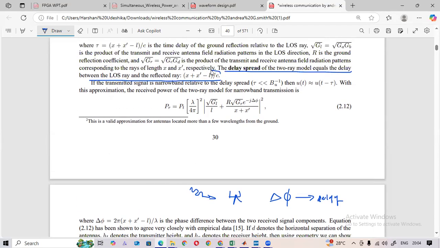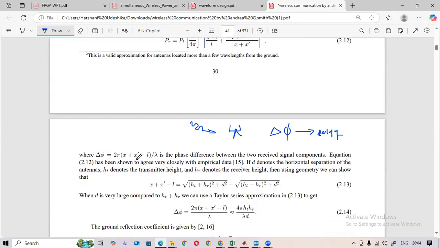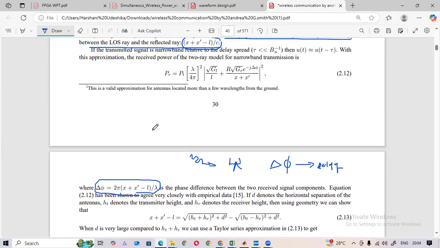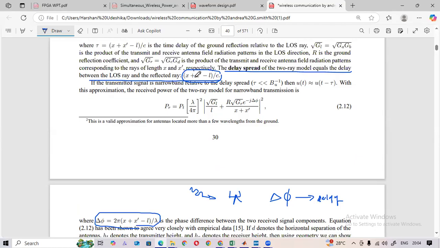This is the delay spread, and this is the phase difference of the two signals. You can see that the same values are there.